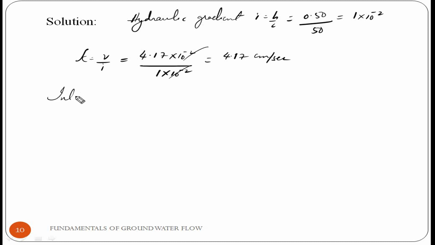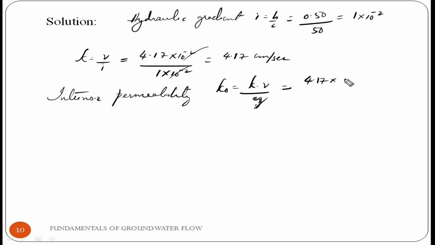So intrinsic permeability, that is K naught, is equal to K nu divided by g, so it is 4.25 into 10 to the power of minus 5 centimeter per second to calculate.